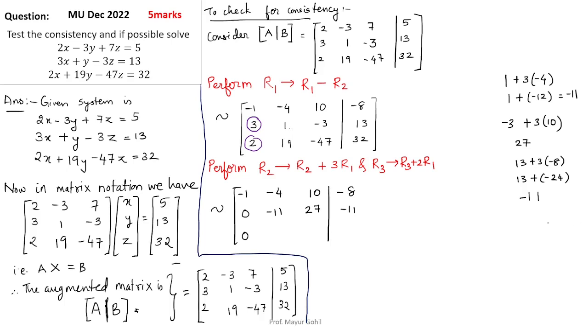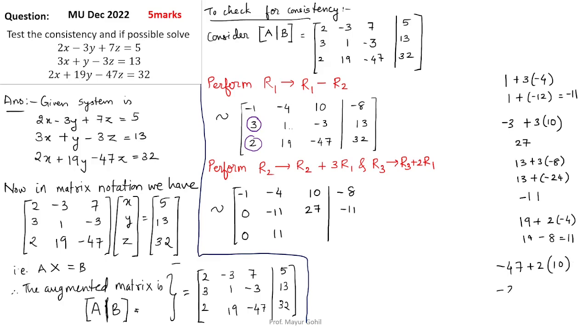Okay. The next one, we go about it. The next is 19 plus 2 times R1, that is 2 times minus of 4. So 19 minus of 8 is 11. The next entry is minus of 47. Minus of 47 plus 2 times R1, it is 10.